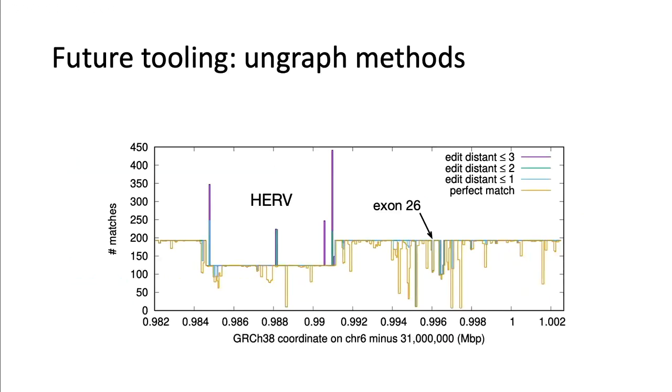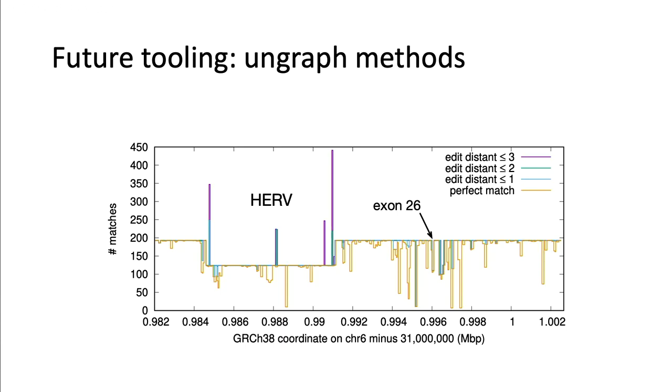And so we are also thinking about future tooling called the ungraphed approaches. Basically, we use, say, a k-mer-based method or Burrows-Wheeler transform-based method to study this region. Here, this is the C4 region.